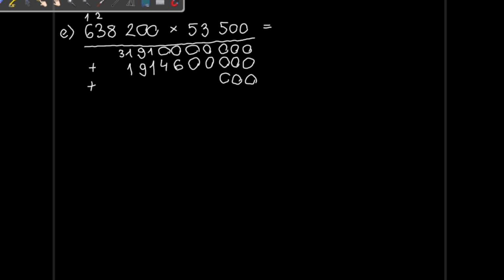So we have 3 zeros here, and then 1, 9, 1, 3. Okay. And then we just have 2 zeros left, and 0 multiplied by this is just 0. So we do not need to write 2 more rows full of zeros. We just need to add these 3 numbers together.